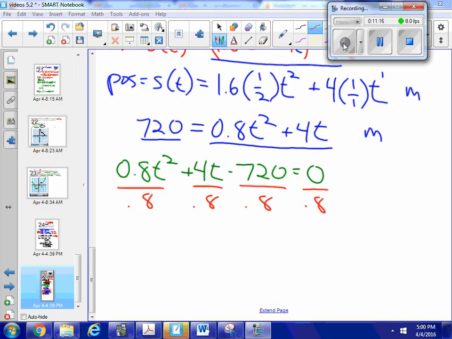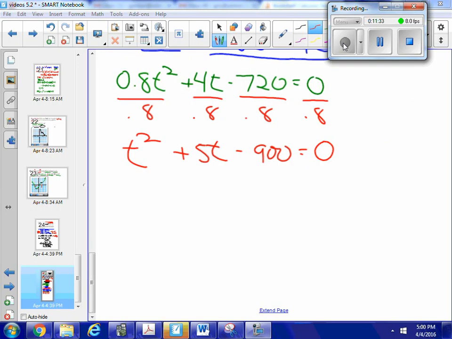And what I end up with is t squared plus 5t minus 900 is equal to 0. Well, I have no idea how to factor that. 900 is too big of a number, so I'm just going to jump right to the quadratic formula.